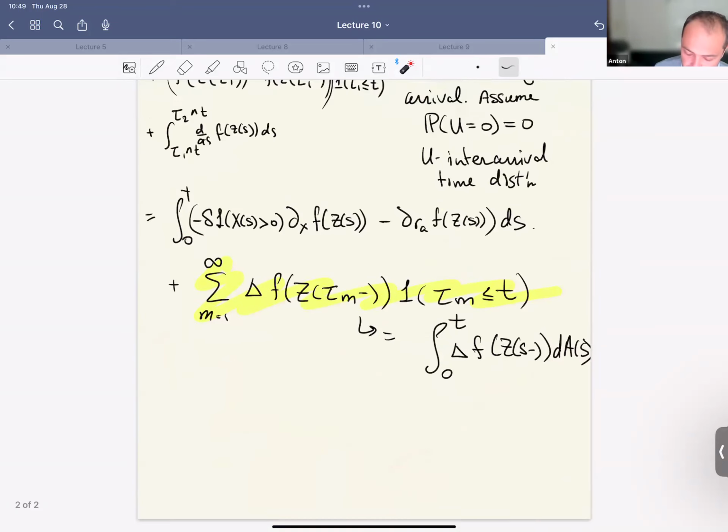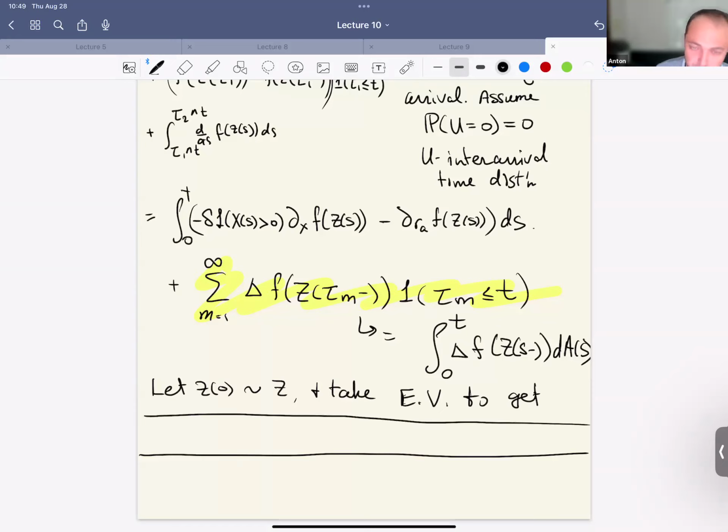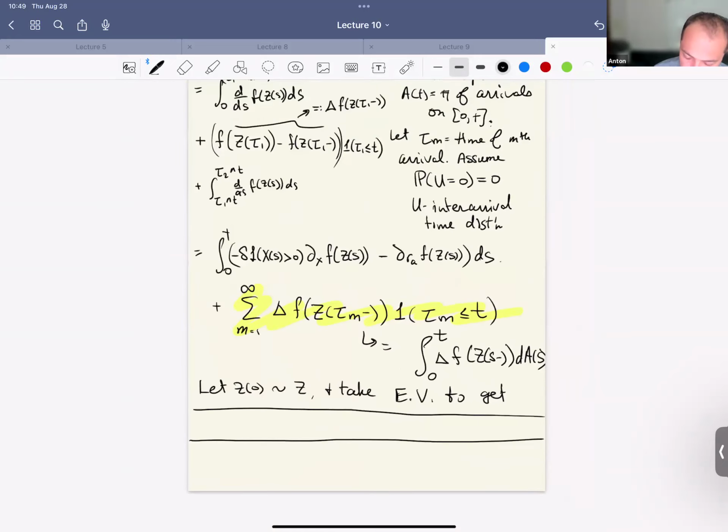And if we do that, let z naught come from the stationary distribution and take expected value to get. And I'm going to leave a little room for the assumptions or the conditions that need to be verified for us to be able to do this.